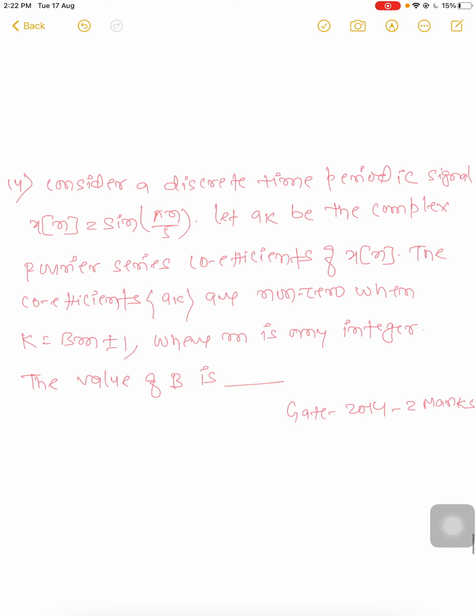Now coming to the next question. Consider the discrete-time periodic signal xn equal to sin(pi n by 5). Let ak be the complex Fourier series coefficients of xn. The coefficients ak are non-zero when k is equal to beta m plus minus 1, where m is an integer value.